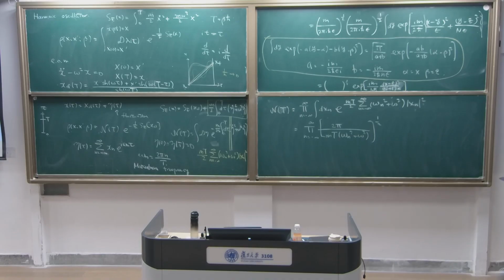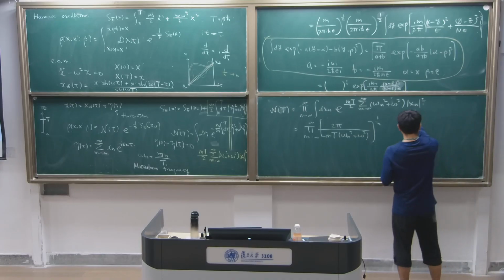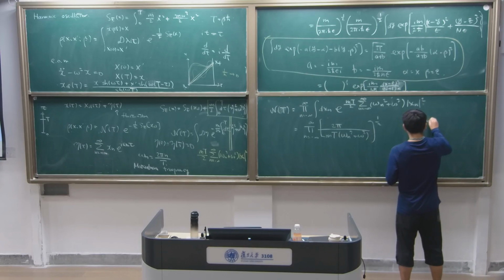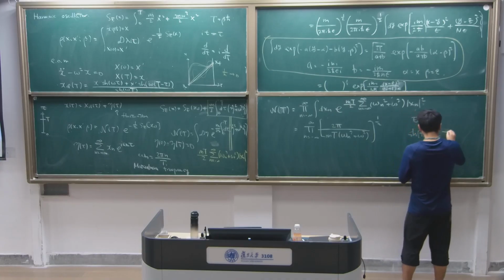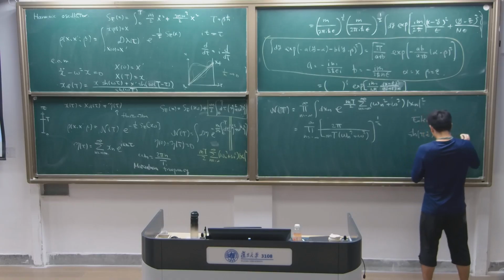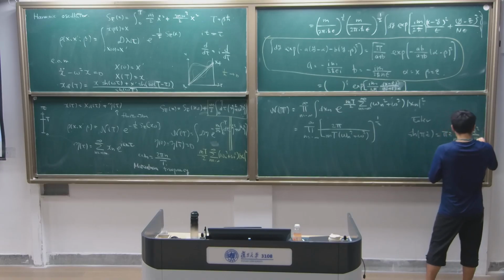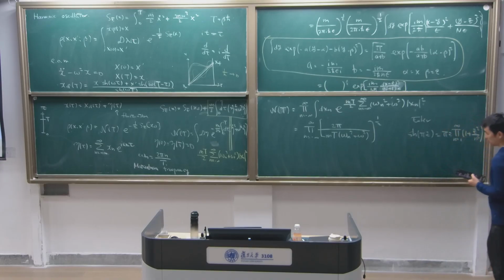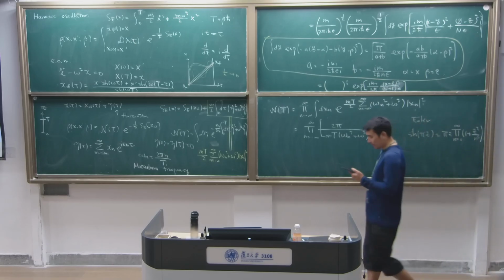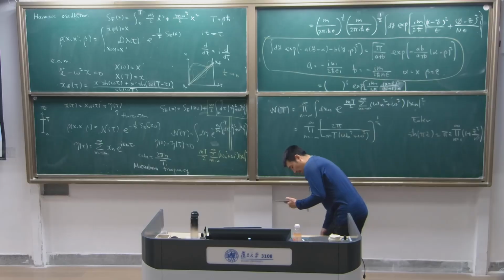And you recall that Euler found the following identity: sinh of pi z is equal to pi z times the product over n equal to 1 to infinity of 1 plus z squared over n squared.